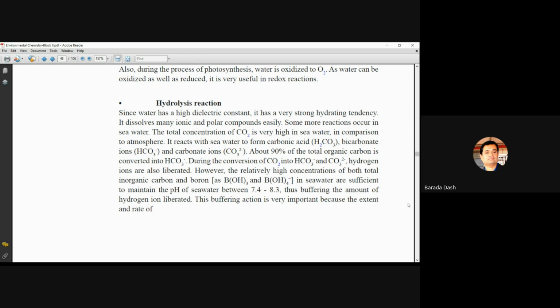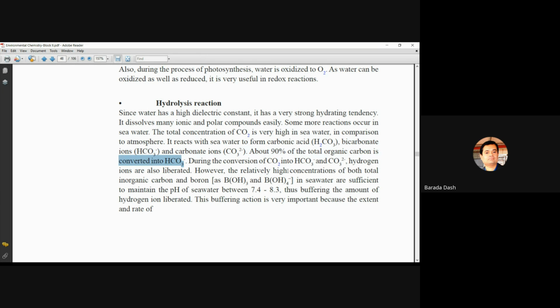So that forms carbonic acid, and from carbonic acid, bicarbonate or carbonate ions, about 90% of the total inorganic carbon is converted to bicarbonate. During the conversion of carbon dioxide to bicarbonate and carbonate, hydrogen ions are also liberated.